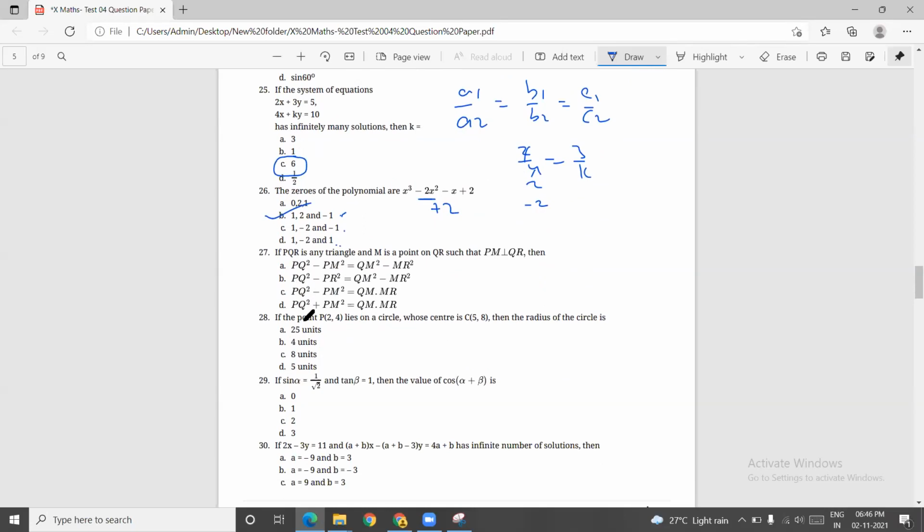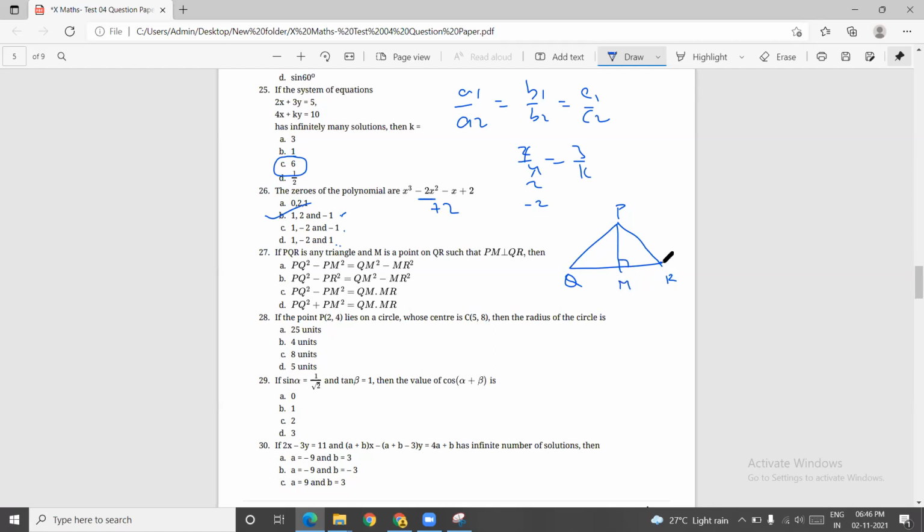If PQR is any triangle and M is a point on QR such that PM is perpendicular to QR. So PQR is any triangle, and M is a point on QR such that PM is perpendicular to QR. That means PM is an altitude to QR.